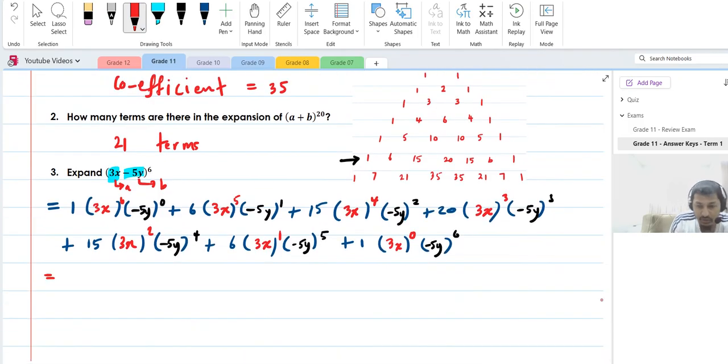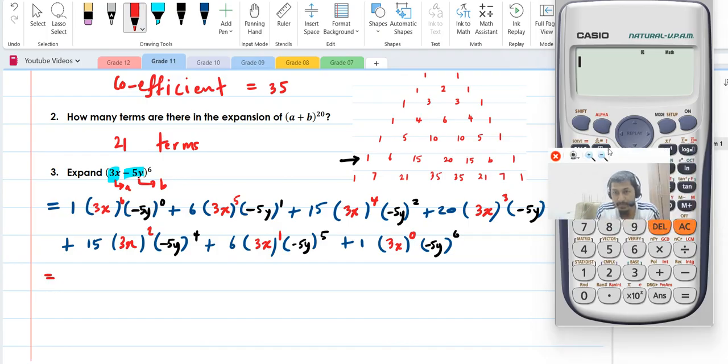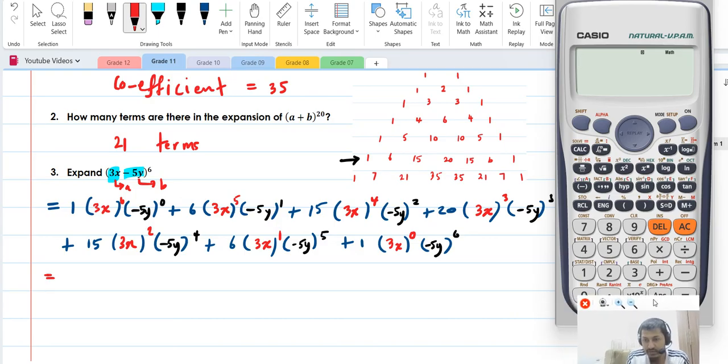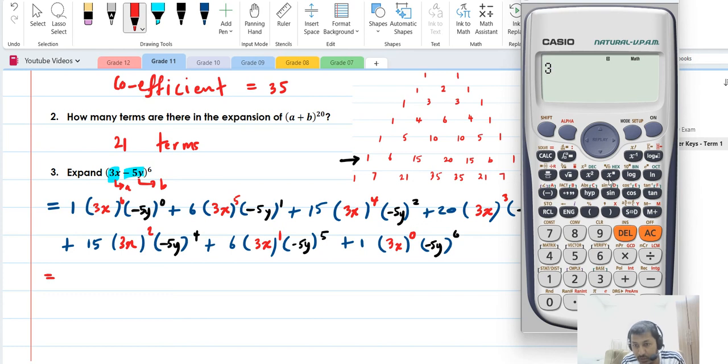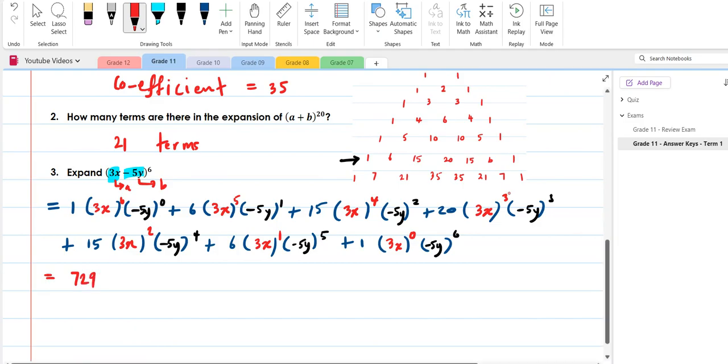So 3 to the power 6, we'll just use a calculator. 3 to the power 6, power button is here. 3 to the power 6 is equal to 729. So 729 x to the power 6.